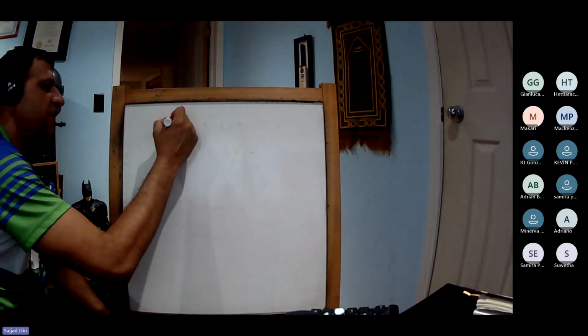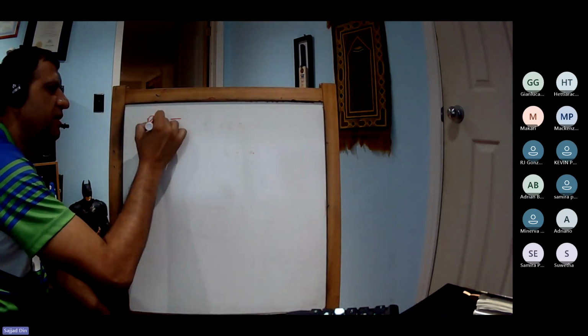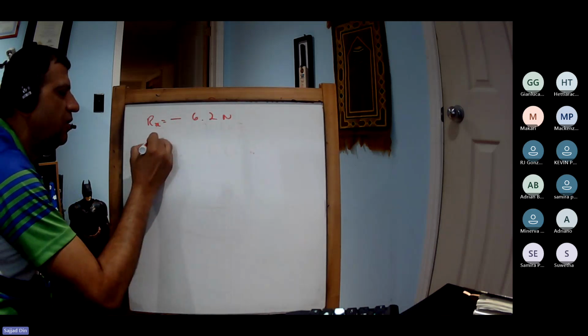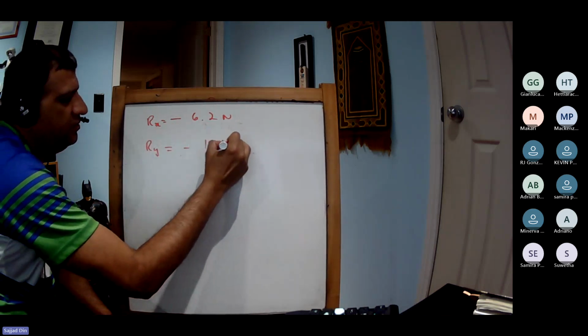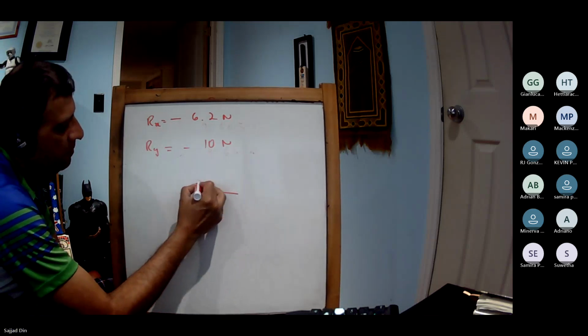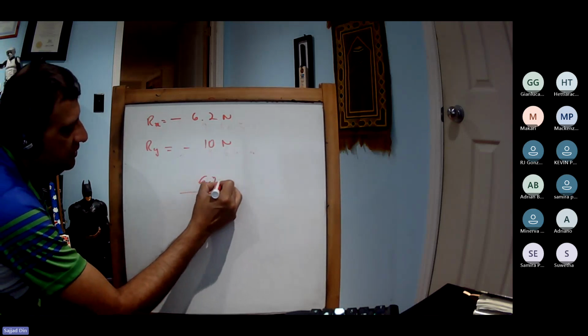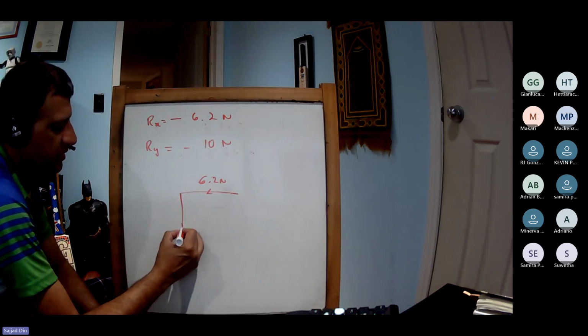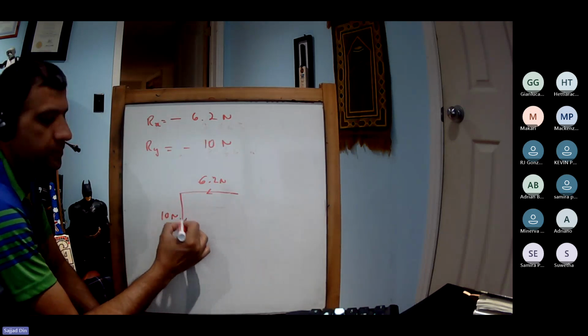So remember, let's say we've got both negatives. Rx is equal to minus 6.2 newtons. Ry is equal to minus 10 newtons. So let's start from here, go this way. Minus 6.2 is going to be like this. Ry is minus 10 newtons, it's going to be like this.